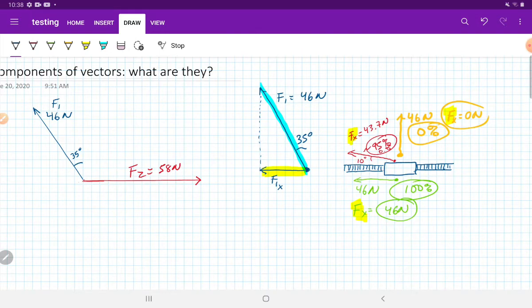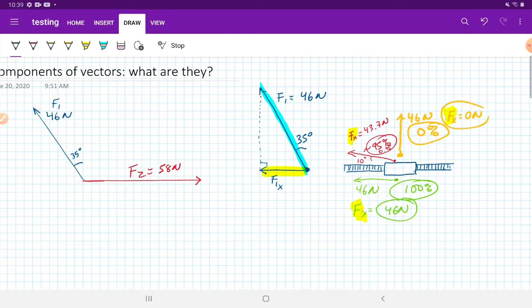Then you draw it perfectly at 90 degrees there, and you measure the length of this. You convert it back, and you would get the value. So the shadow onto the x-axis, the length of that shadow, would give you the value of the x component. So there's really two ways to calculate it.